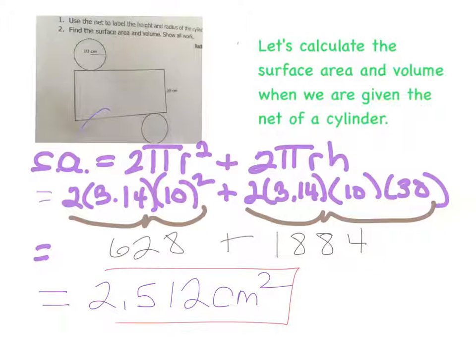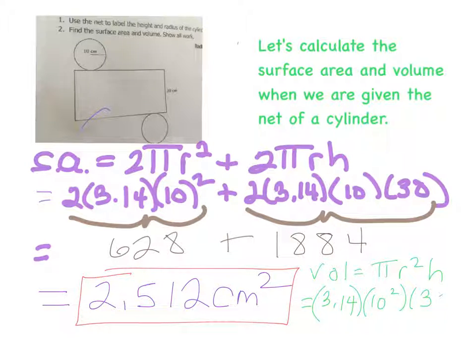Okay, so now outline that. Volume is a lot easier because volume is just a long multiplication problem. So volume is going to equal pi r squared h. Volume is going to equal 3.14 times the radius squared, which is 10 to the second, times the height, which is 30.